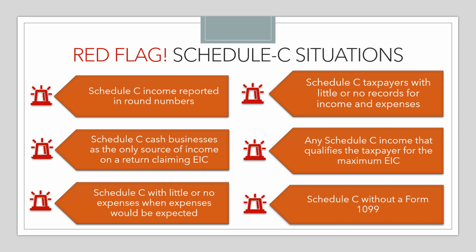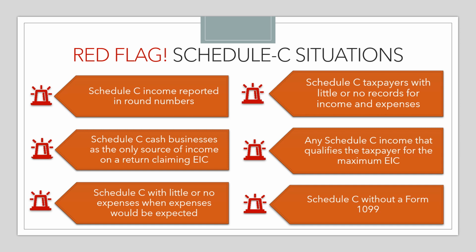And it appears that they're making it up on the fly, or it's a number that doesn't seem to make sense with reality. How often do things occur in round numbers? We might need to dig in and ask a little more about this income. Where did it come from? Where are they keeping the records of this income? Do they have any records of this income, like a bank statement, those kinds of things?